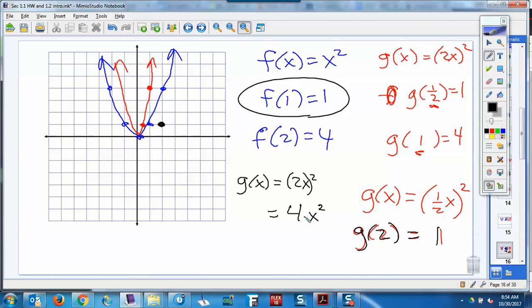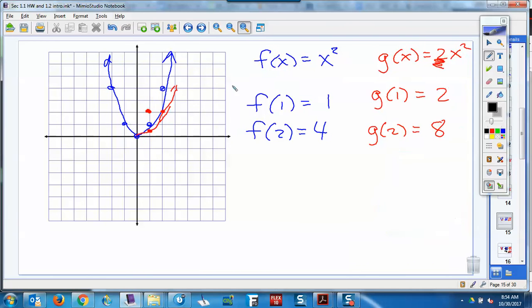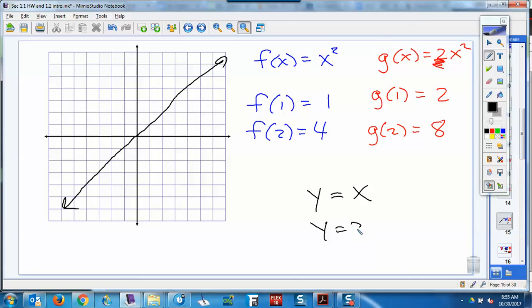And you know what's interesting that most people don't think about is that you never talk about this in algebra, because we don't want to complicate things. But here's your basic y equals x graph right here. What is y equals 2x?